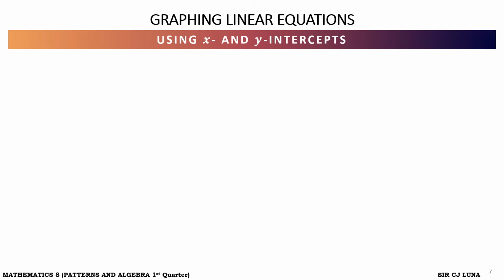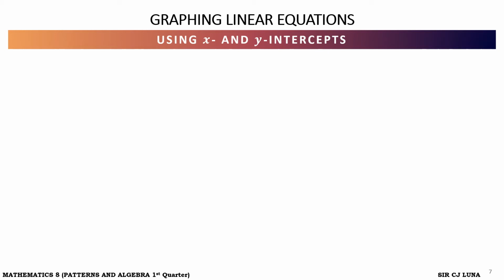Okay, may mga steps tayo sa pag-graph ng linear equations in two variables gamit ang mga intercepts natin, gamit yung x-intercept and y-intercept. Unang gagawin natin ay isolve natin yung y-intercept by letting x become 0, okay? Para magkaroon tayo ng point na 0, b or 0, y.